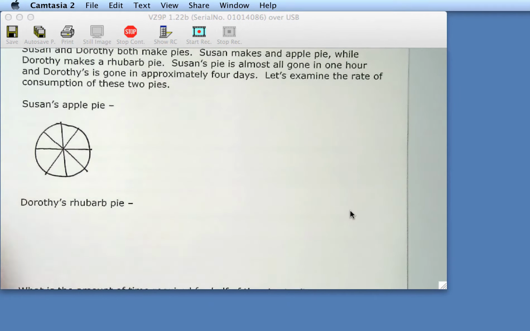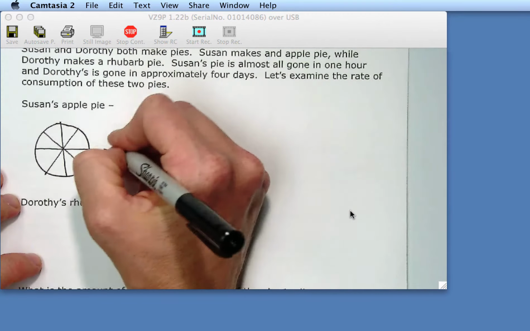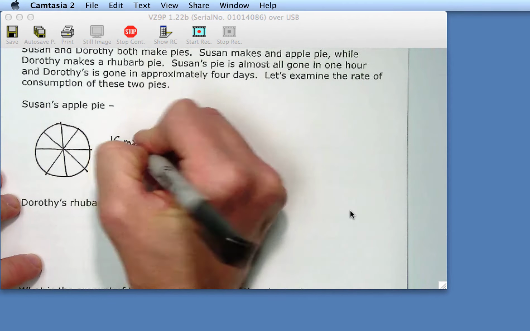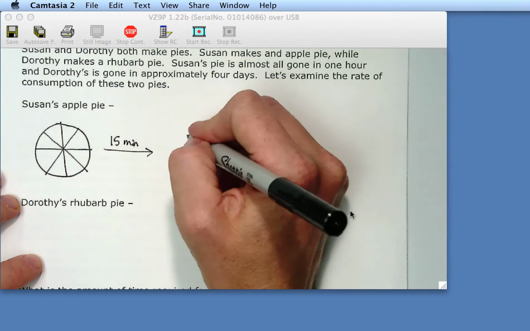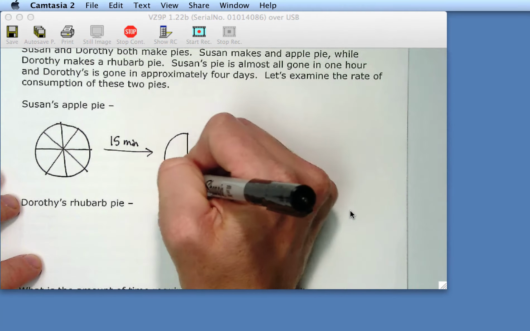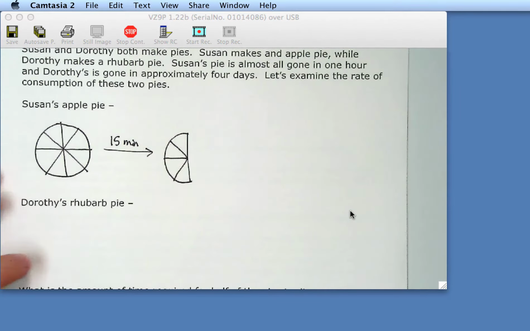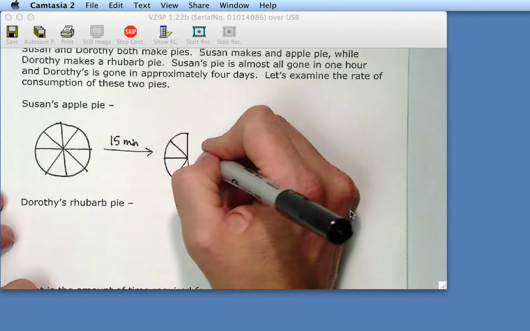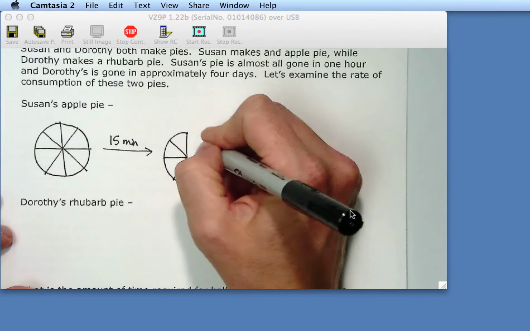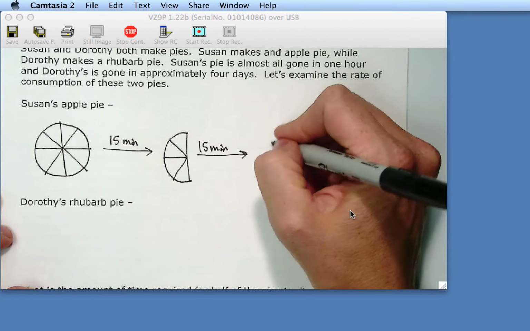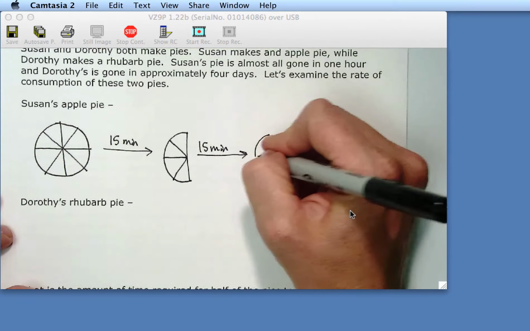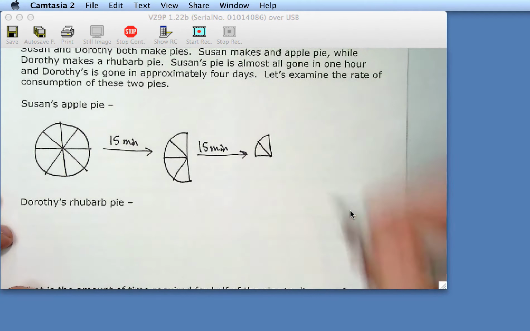We have this pie, which is sounding good right now. So Susan's apple pie, after 15 minutes, only 4 pieces remained. Another 15 minutes elapse, and just 2 pieces remain.